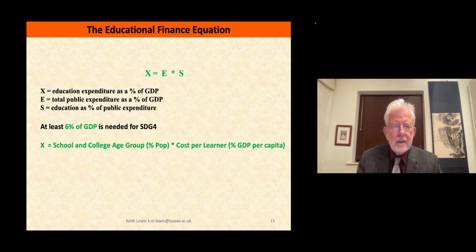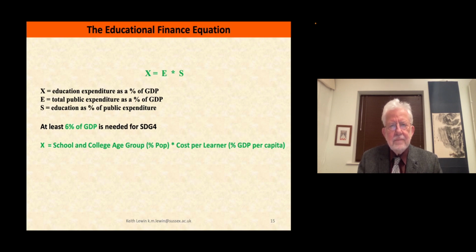The consequence of applying it to preschool, primary school, secondary school, university and TVET and so on, in terms of the level of participation and the level of cost per learner, is to arrive at this 6% figure in countries which have the typical demography of a low-income or low-middle-income country, and which have cost structures in terms of the relative cost of a school place or a university place.